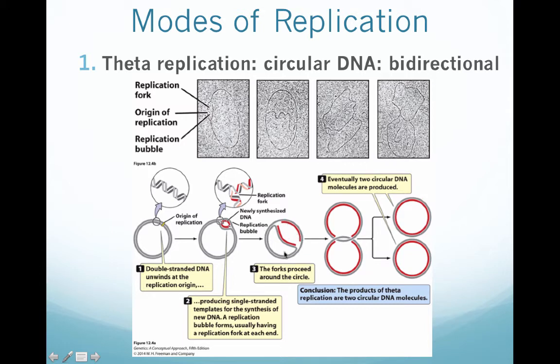So our replication bubble gets bigger and our newly synthesized DNA gets a lot bigger as well, until we actually have 2 circular DNA molecules that are produced. So those circular DNA molecules include one of the old strand or the original strand of DNA and one of the newly synthesized strand. So in conclusion, the products of theta replication are 2 circular DNA molecules.